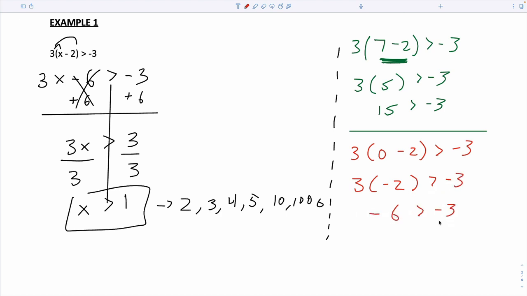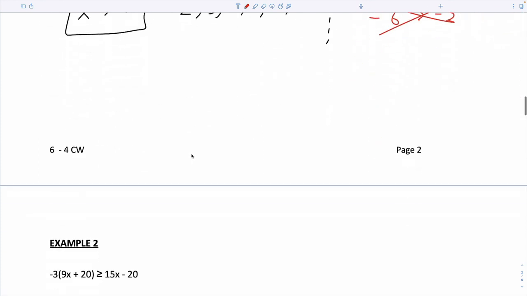Negative 6 is not bigger than negative 3. That doesn't work. So this is not an option that works. X cannot be 0. You do not need to show this work. I'm just giving you an example of what's happening in inequalities and why it's a little different than equations.